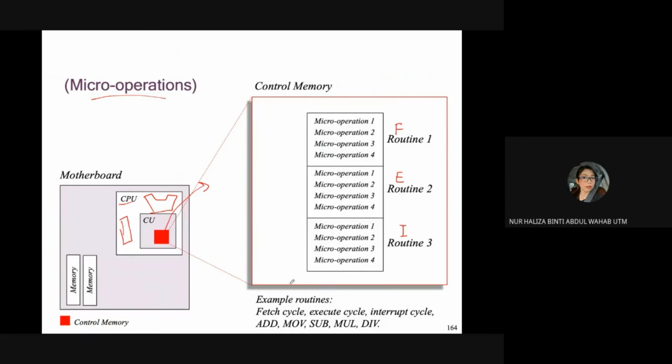You can see over here the example routines: fetch cycle, execute cycle, interrupt cycle, and you have addition, movement, subtracting, multiplication, division in your micro operations. This is just an example. The control unit instructs what routine 1 will do, what routine 2 will do, and the same goes for routine 3.